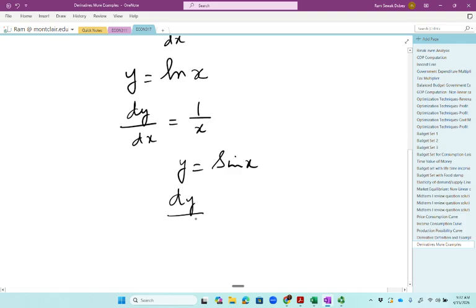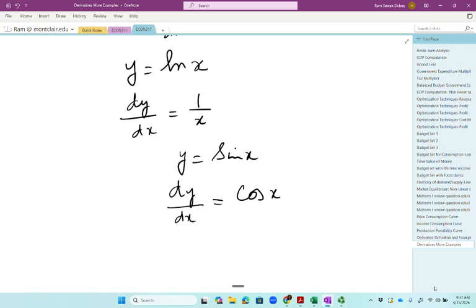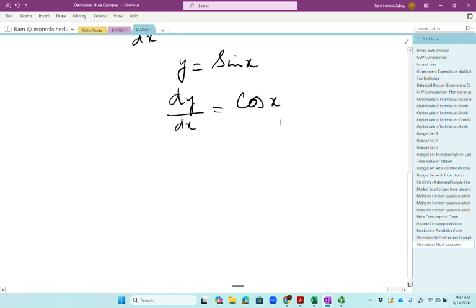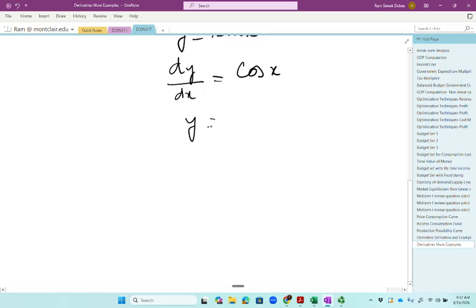So for sine of x, the derivative is cosine of x. And for cosine of x, the derivative is the negative of sine of x.